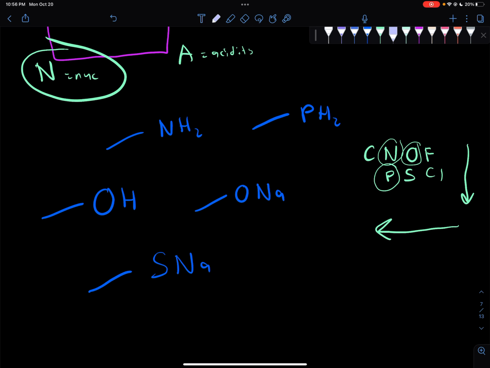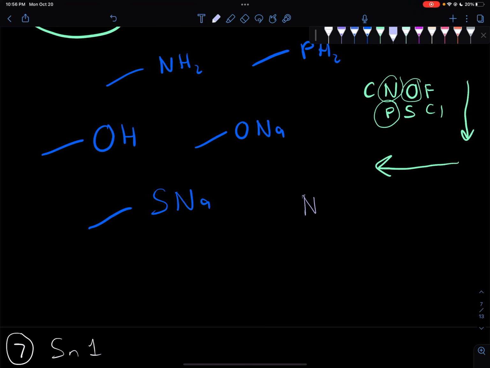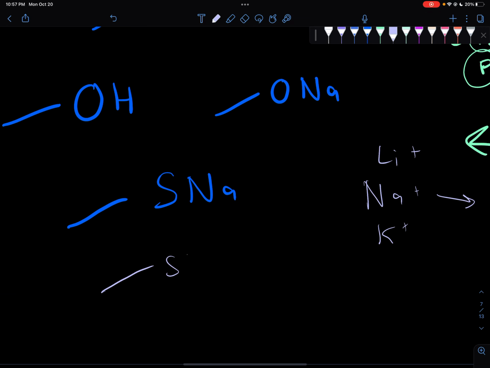What you need to know is if you have an Na, an Li, or a K, these are all what's known as counter ions. So if you look at this, it's literally S minus with an Na plus. The Na plus or the K or the Li is just there to neutralize your sulfur in the solution.